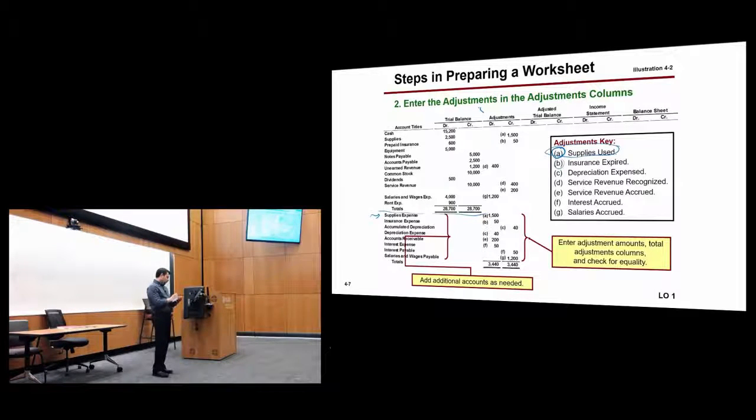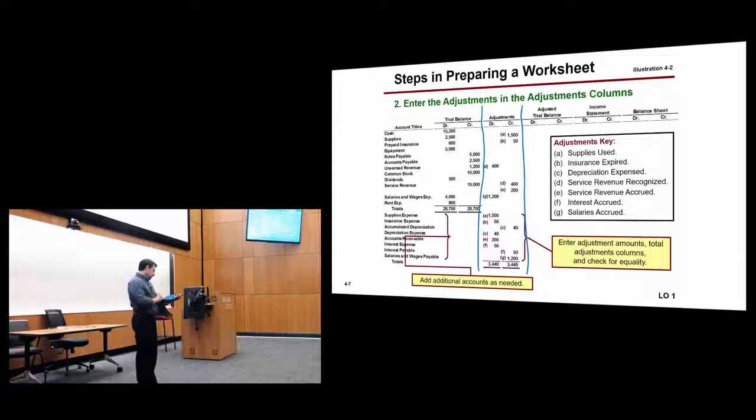Now what we're doing here is we're actually doing the adjustments. This is the second step. The first step was to enter the information from the trial balance. On the trial balance, we enter the debit balances under the debit column, the credit balances under the credit column. Now we have to deal with adjustments.